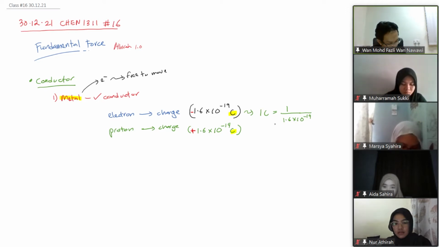The Coulomb cancels, so on top you get the electron.